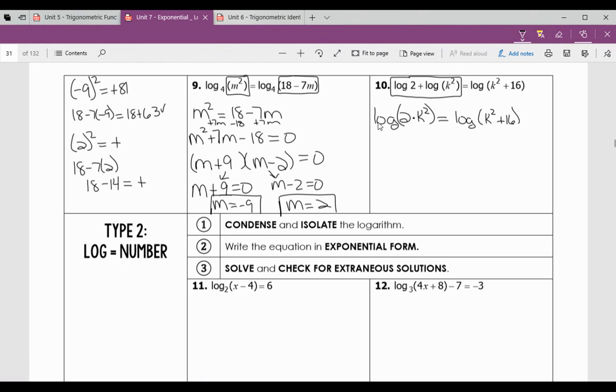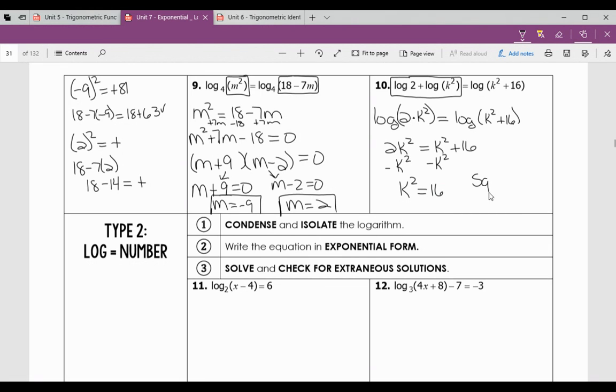So now that I have a logarithm equal to a logarithm, I take the 2k squared and I set it equal to the k squared plus 16. When I subtract k squared, I get k squared equals 16.